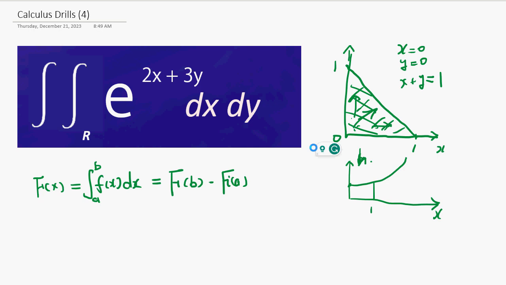So just find this f x integral function, right? Integral function, and you can get this. The df dx is f x, correct?